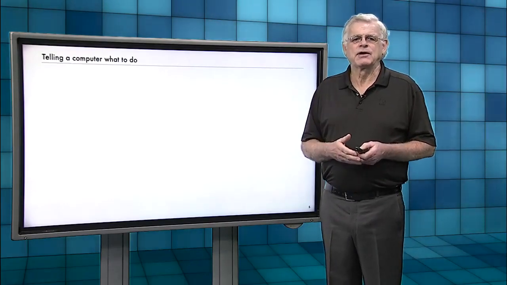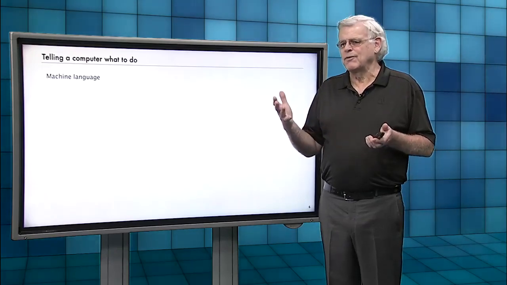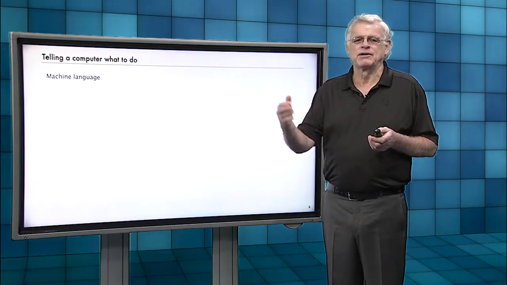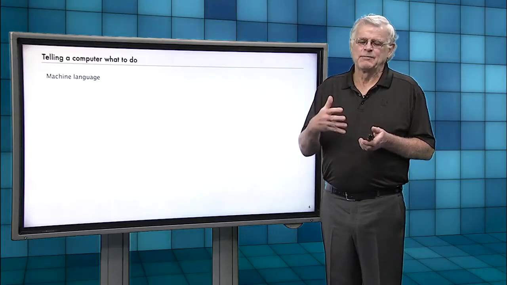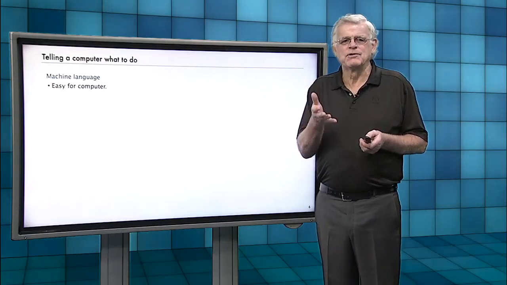But let's look at it in a little more detail. Now, there are plenty of different ways to tell a computer what to do. When you use an app, you're kind of telling a computer what to do. At the lowest level, which we examine later on in part 2 of the course, there's machine language, which is the computer's language.